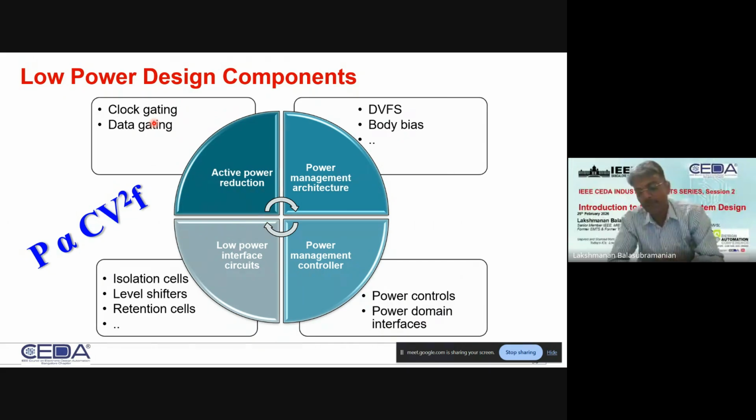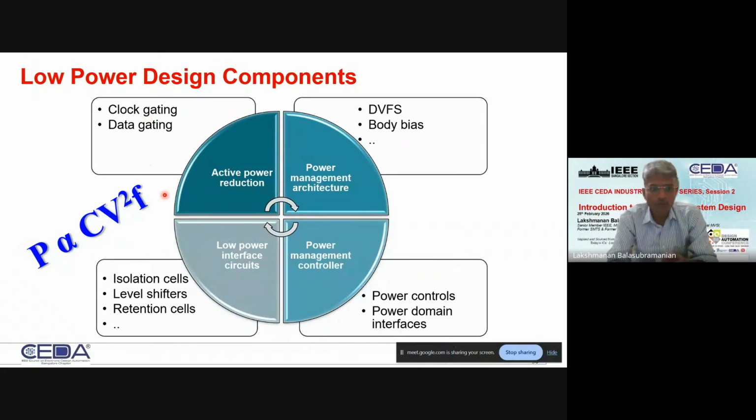This is usually done at a system level, where certain portions of the design can operate at a lower frequency, or for a period of time, during a particular session, if certain sections of the circuit are not required to be operational, you can stop the clock activity for that section, right? That's called clock gating.